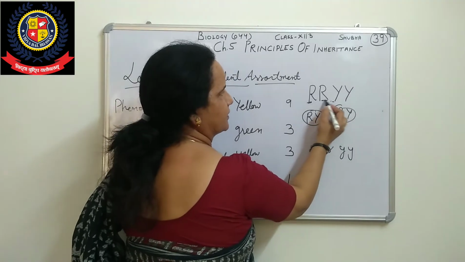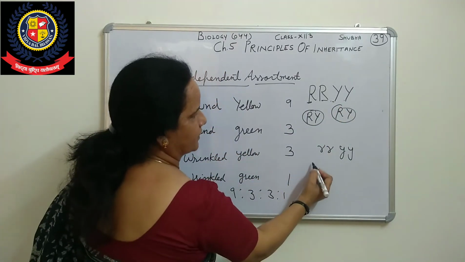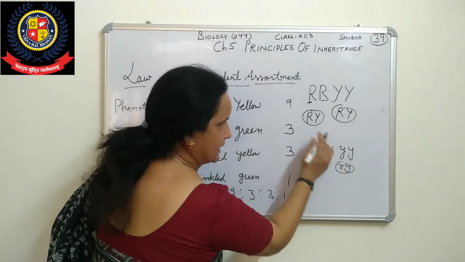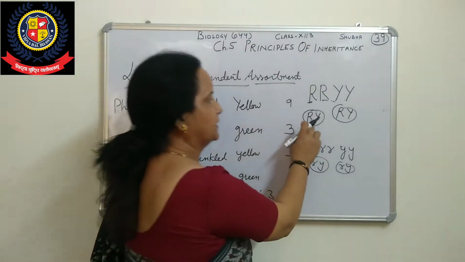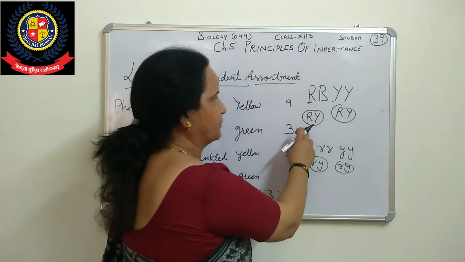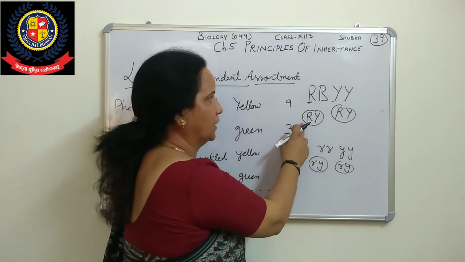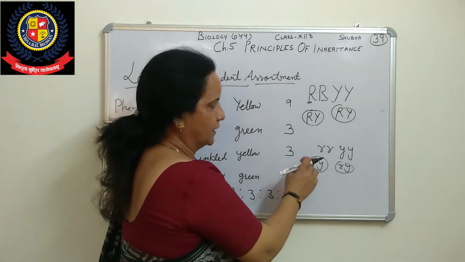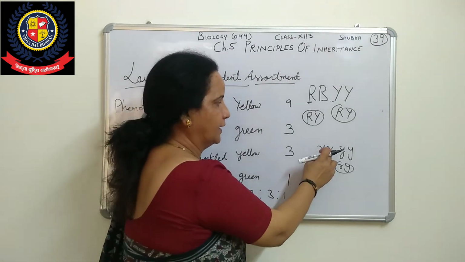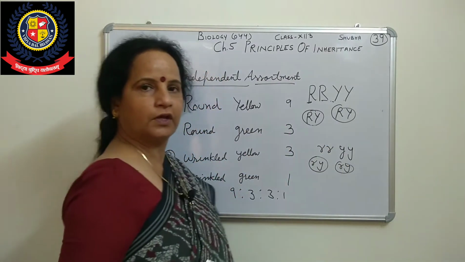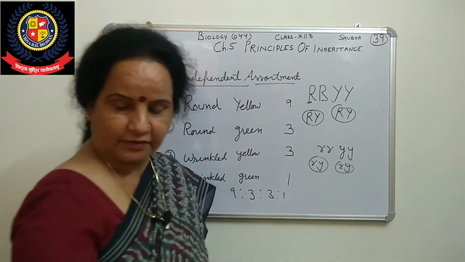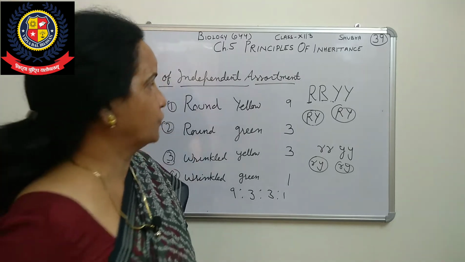In this gamete we have seen round trait is also there and yellow trait is also there. You see that wrinkled trait is also there, and green trait is also there. Maybe sometime they will be heterozygous, as we have seen in F2 generation.